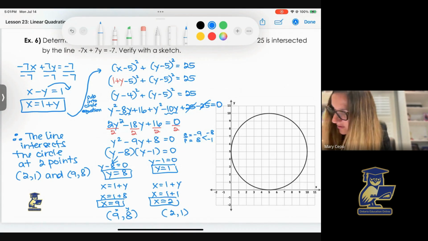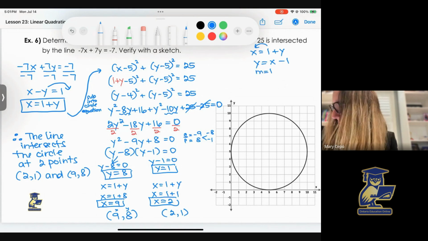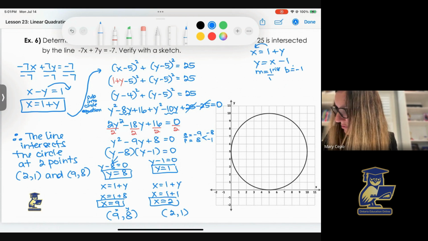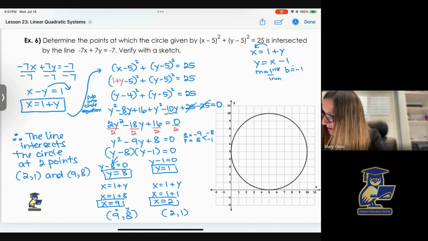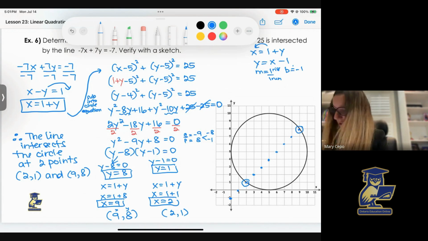If we have x is equal to 1 plus y, we're going to rearrange that to y equals x minus 1. So my slope is equal to 1 and my y-intercept is negative 1. So rise over run: we'd start at negative 1 and rise 1 over 1. There's the first point. Then we keep going, rise over run, and yes, as we determined.